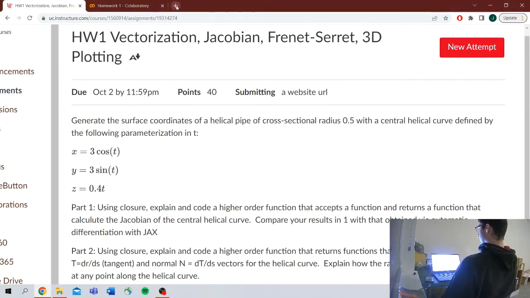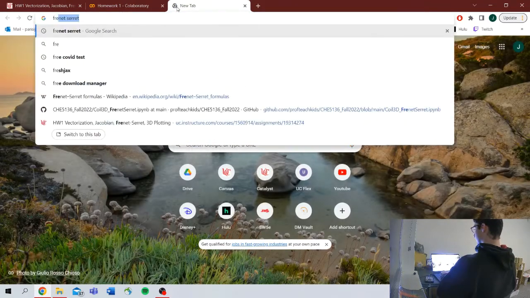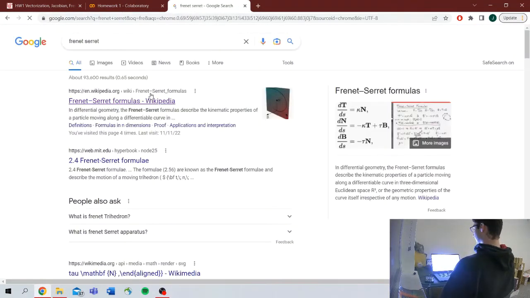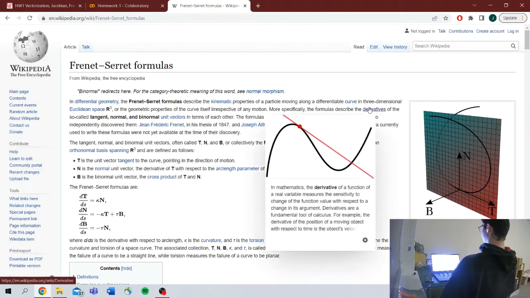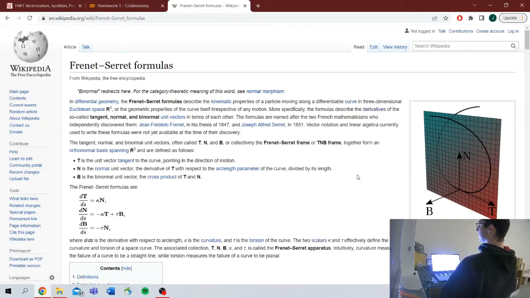So first and foremost, we have to talk about what the Frenet-Serret is. So let's look at Wikipedia, because the images and drawings on Wikipedia seem to be able to make the whole concept easier.